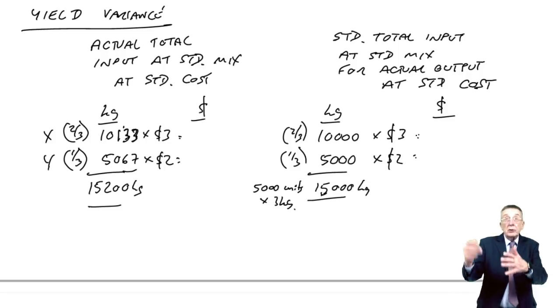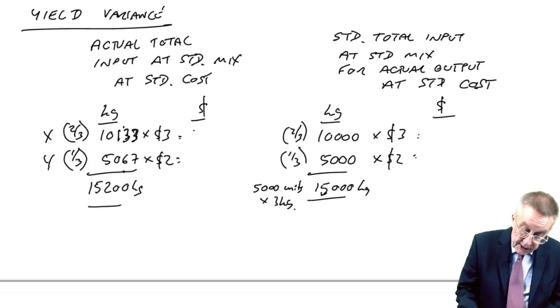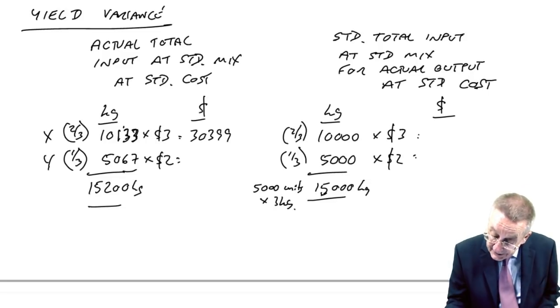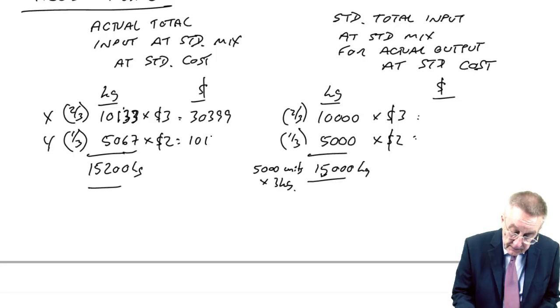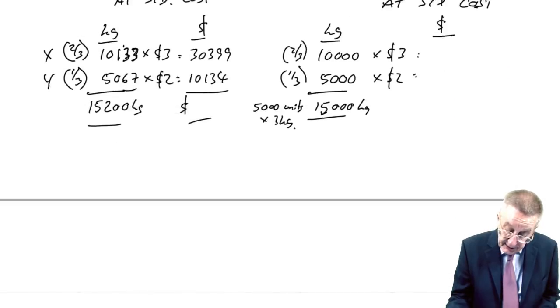The first bit we'd already done if you look back, so you can save a lot of time. But 10,133 at $3 is 30,399. 5,067 at $2 is 10,134. And so the total, appreciate it's the same as we had before, is 40,533.